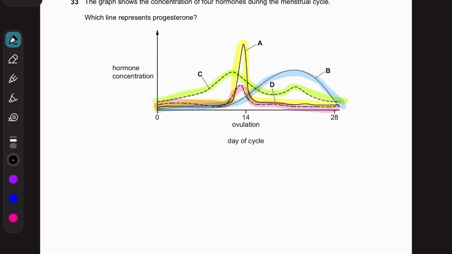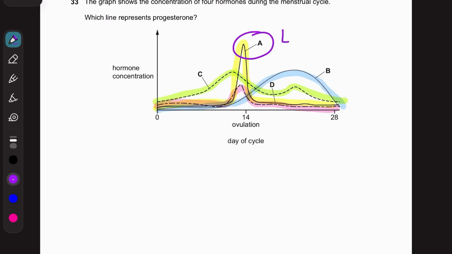So question 23 says, the graph shows the concentration of 4 hormones during the menstrual cycle. Which line represents progesterone? There are a few main things to remember about this graph that will make things really easy in the future. The one that has a really sharp peak, almost like a horn, is always LH.